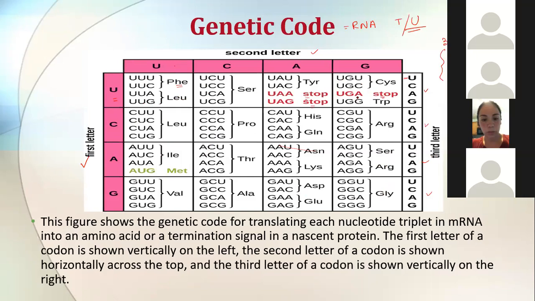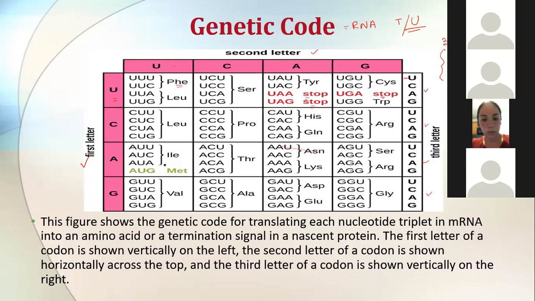So we have 3 stop codons, and they are UAA, University of Alabama, UAG, University of Augusta, and UGA, University of Georgia. You have to memorize these 3 stop codons, okay? For me, it's very easy to remember them that way. For these 3, we really do not have any amino acid assigned. That is why they are the stop codons.